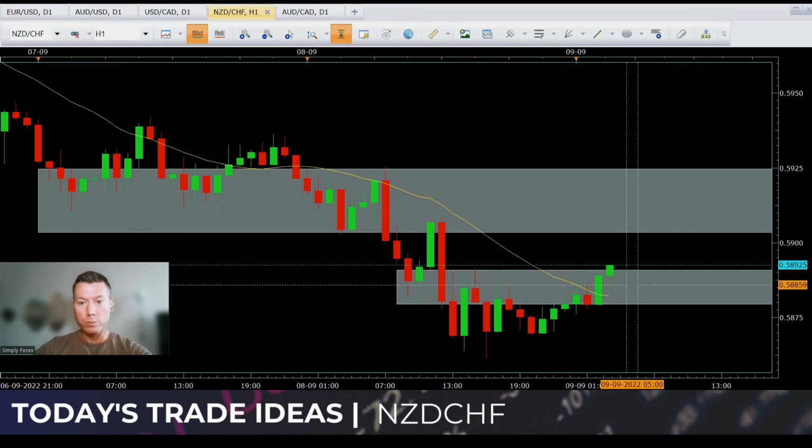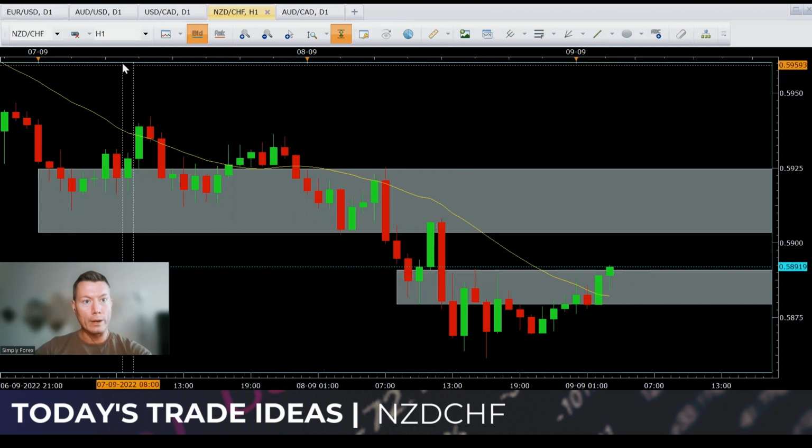Regardless, what we want to see in this grey zone is a bearish candlestick pattern form. We can then enter the trade and take price back down to these last H1 lows. If we get a risk to reward of 1:1, close 80%, and then carry on the remaining 20% to drop down to our higher time frame target.